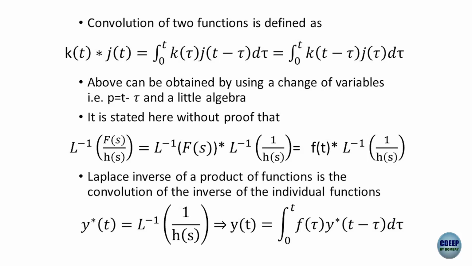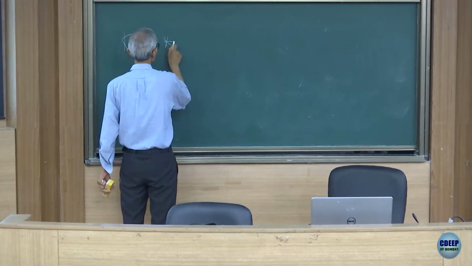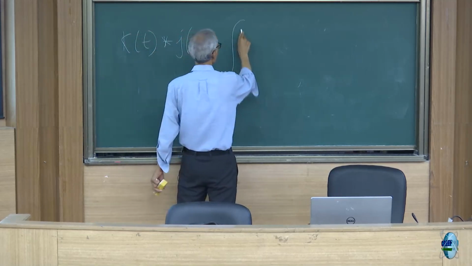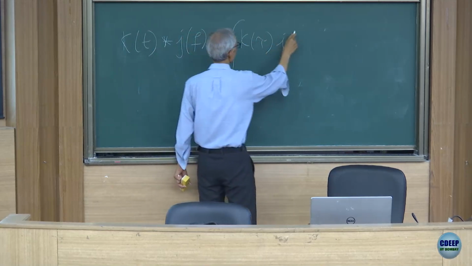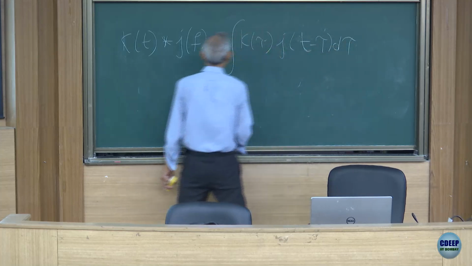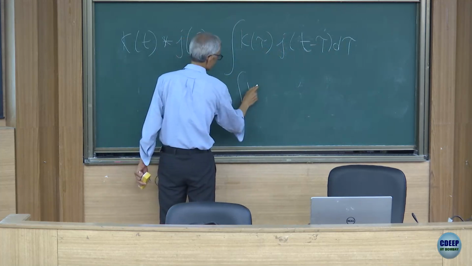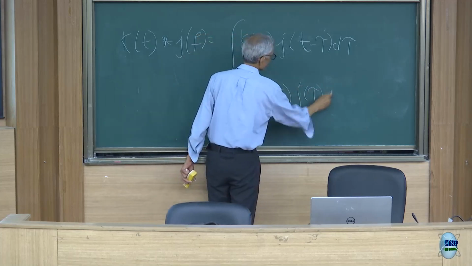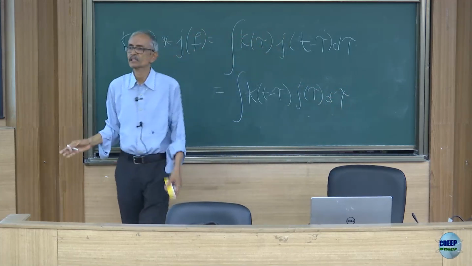So the convolution of two functions, some function k convolved with some function j is equal to integral of k of tau j of t minus tau d tau, which is also the same as integral of k of t minus tau j of tau d tau. Both of these are equivalent.